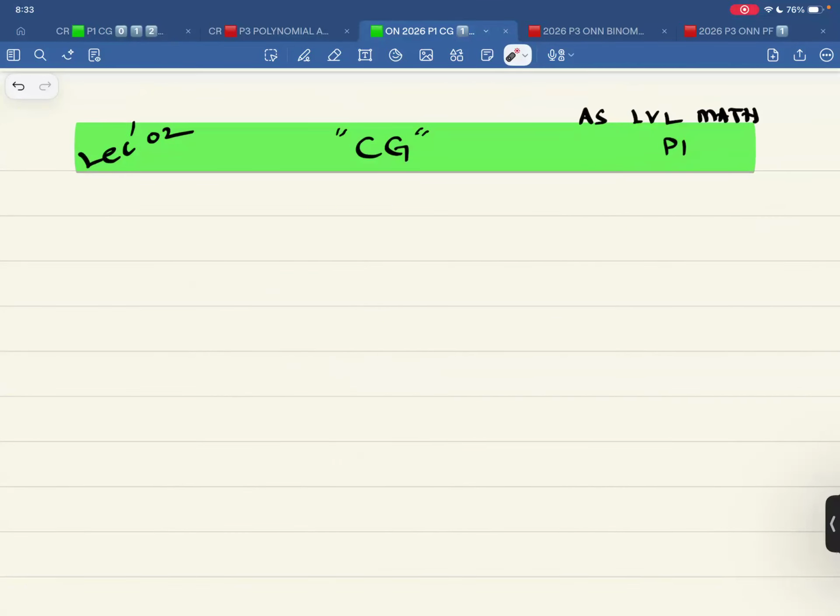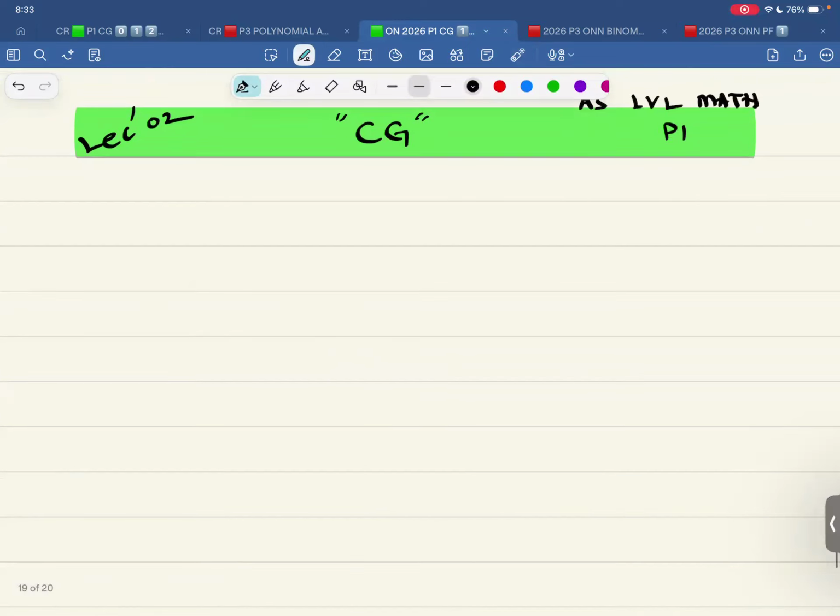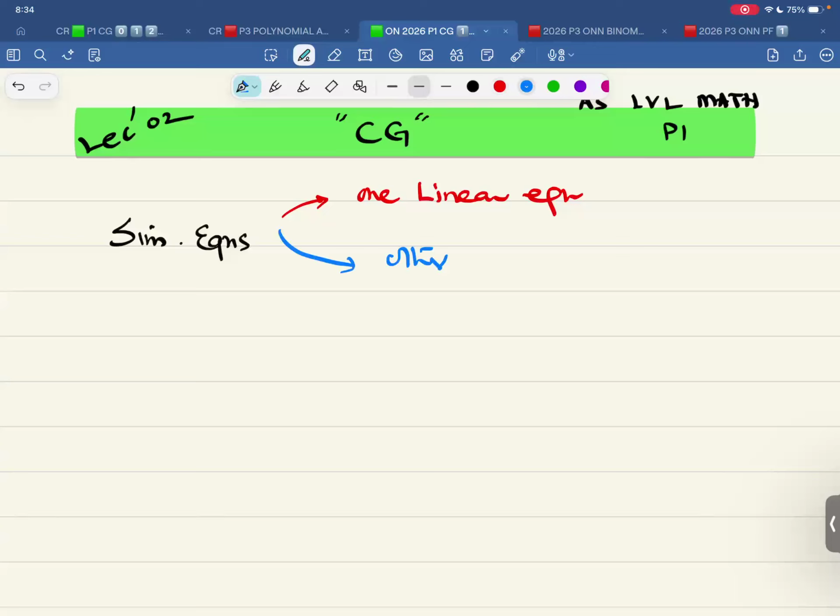And now officially we are starting lecture number 2. So in lecture number 2, let me focus on the first thing, which is about simultaneous equations of the type in which one equation is linear and the other is non-linear.